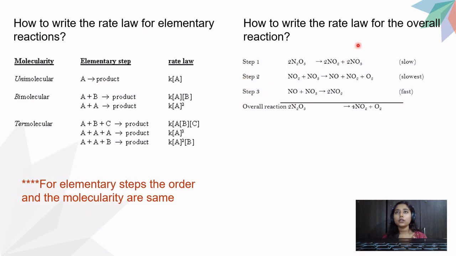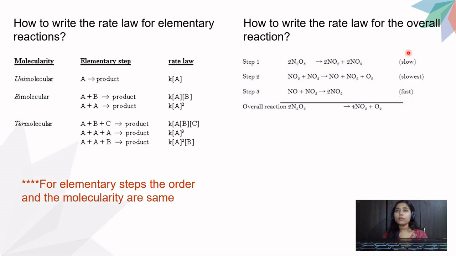Okay, so this is your chemical equation. You can see that in the bracket here, in the first step it is written as slow, slowest, and fast. Okay, what is this slow, slowest, and fast? The first step was slow, the second step was slowest, and the third step was very fast. Okay, now how to deal with this and what are these things?